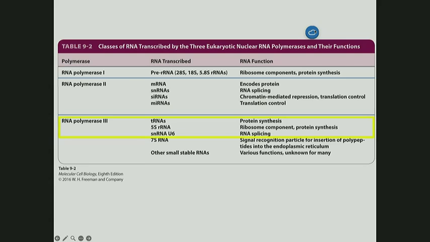RNA polymerase III makes tRNAs, which we need for translation, as well as one more ribosomal RNA, this 5S ribosomal RNA, which is also a ribosome component. Also makes the U6 snRNA and some other RNAs we're not going to talk about.